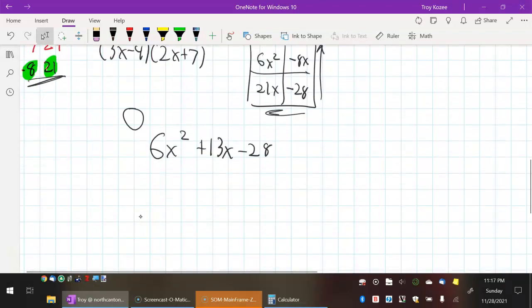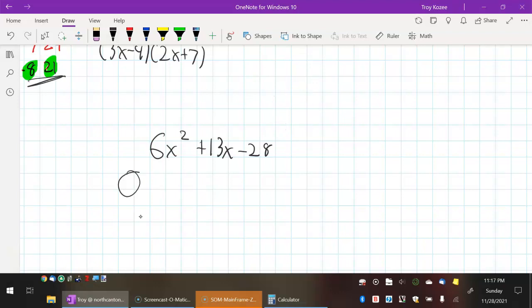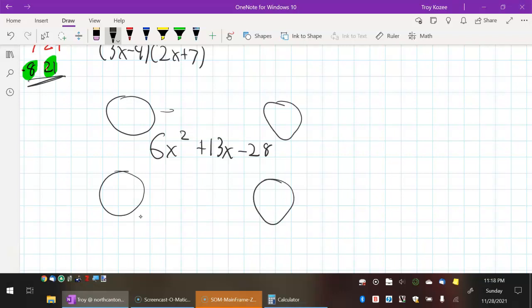So I need 2 factors of 6x squared and 2 factors of negative 28 that, when I multiply them together and add them up, I get 13x. There's a couple of different options for 6. This is going to be x and x because it's x squared, but it could be 1x and 6x, or it could be 2x and 3x.